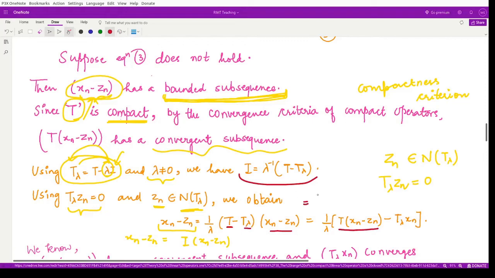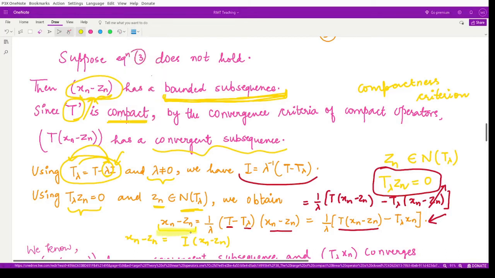Basically you have 1 by lambda T of xn minus Zn, and then minus T lambda applied onto xn minus Zn. Now when you open this up, T lambda of Zn is equal to 0, because Zn was in the null space of T lambda. So we are left with this term over here. From here, we have xn minus Zn, this thing.